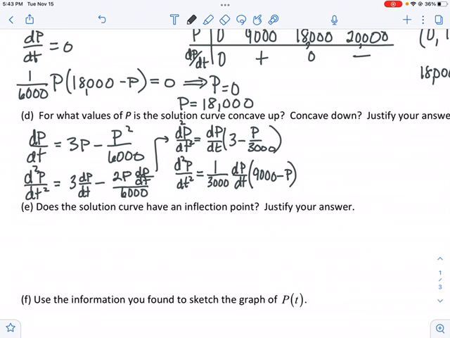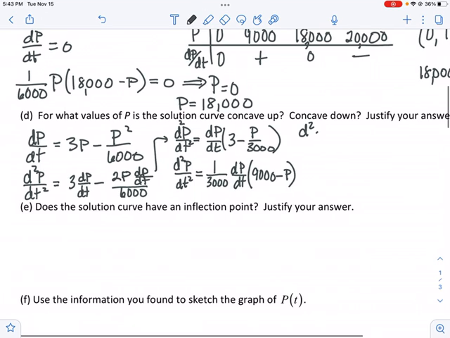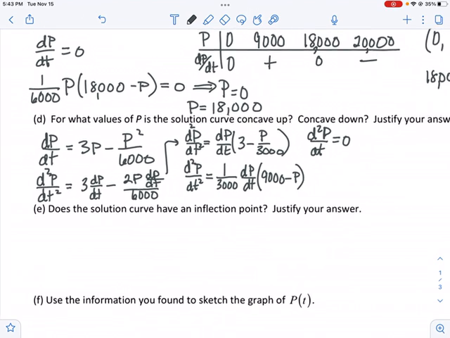So with this, now I have 3 factors, right? I want to know where the graph is concave up or concave down. So if we look at the second derivative, I can say, where is it equal to 0? Clearly it's not undefined there.